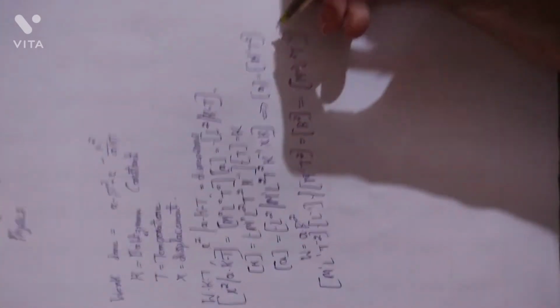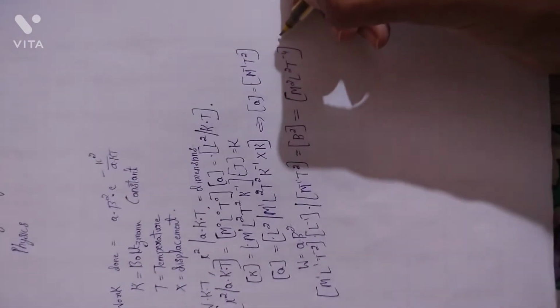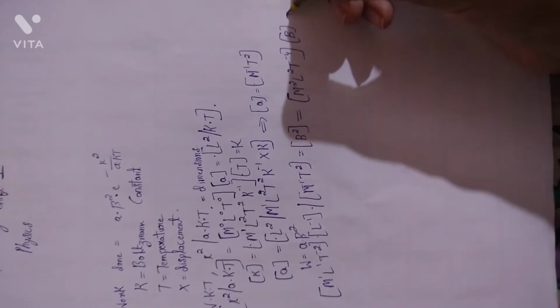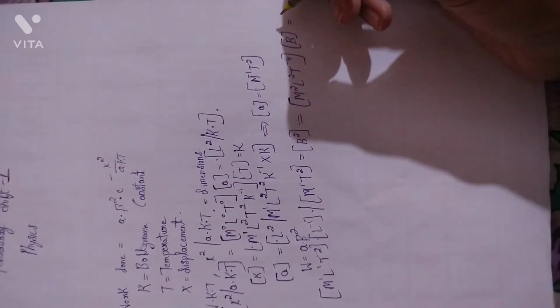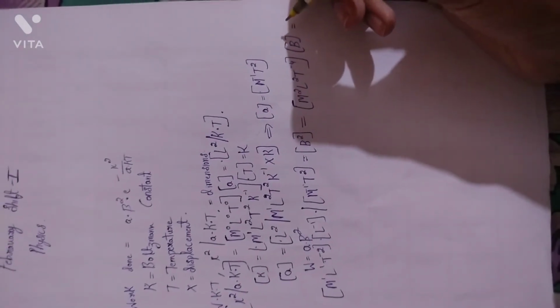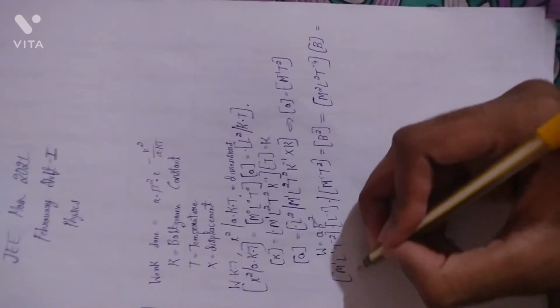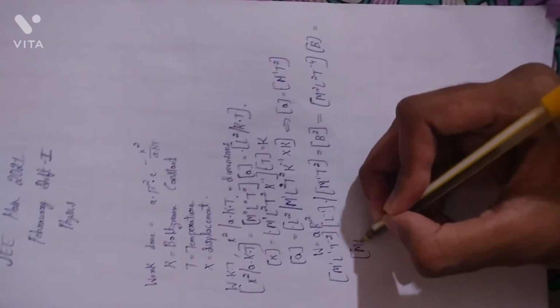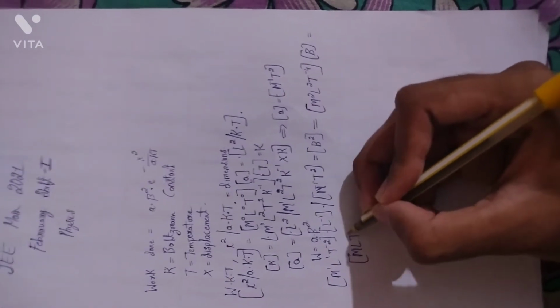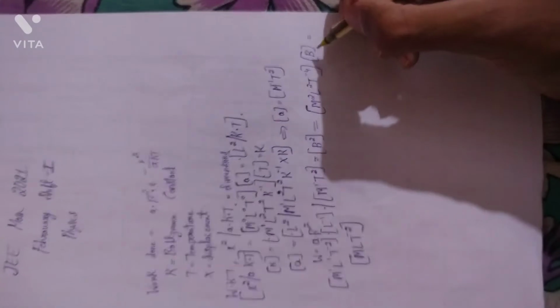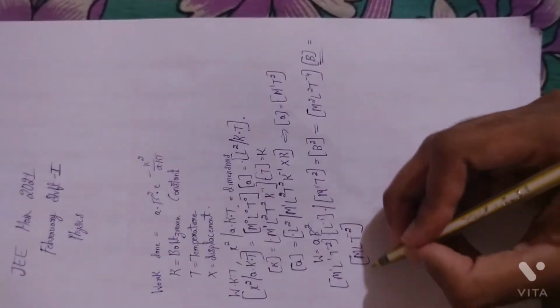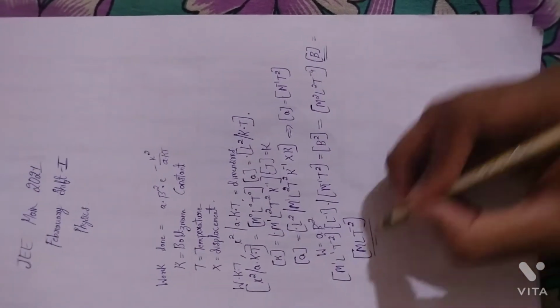Therefore B is equal to M L T minus 2. They have asked to find the dimensions of B, and the dimension we got is M L T minus 2.